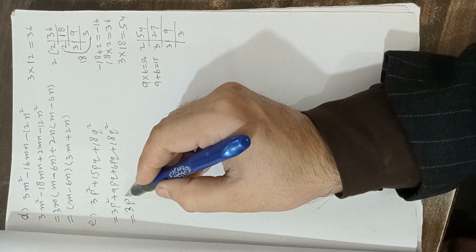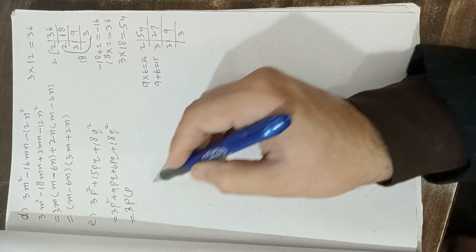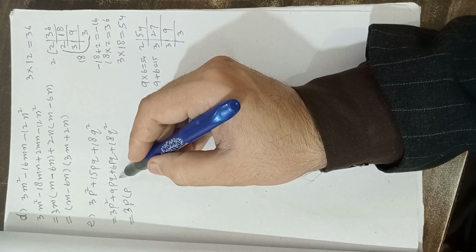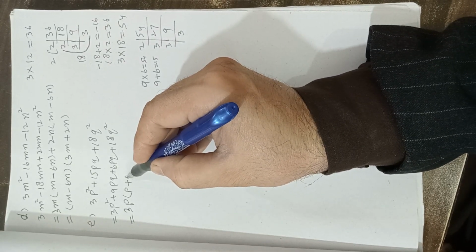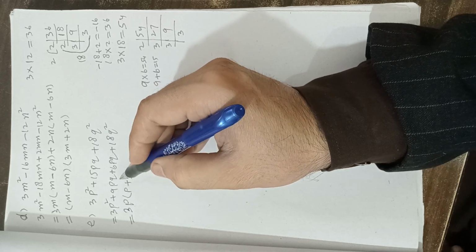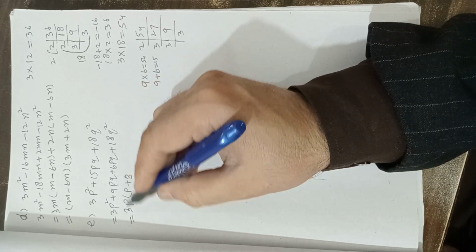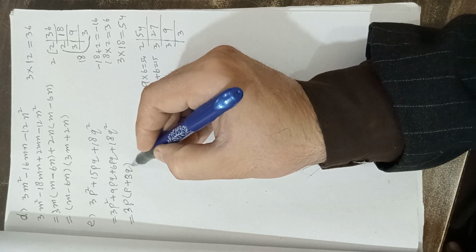3p, and here will be only 1 p inside the bracket, and 3 3s are 9, plus 3 here, because when 9 is divided by 3 the answer is 3, and p is outside the bracket, only q will be here.